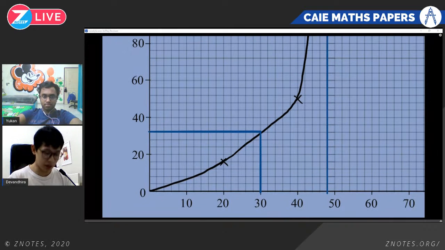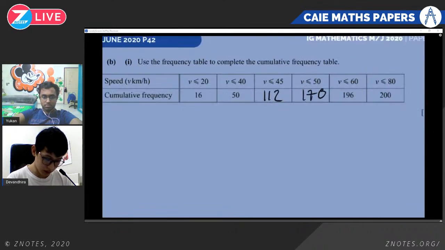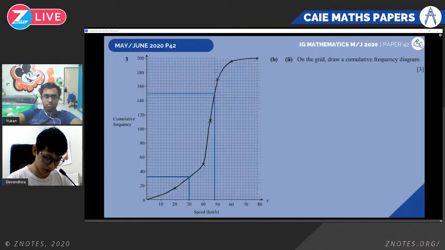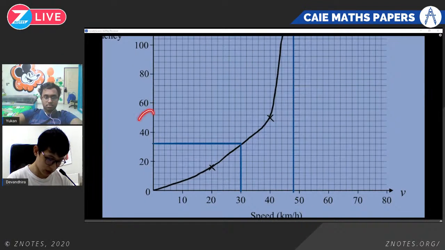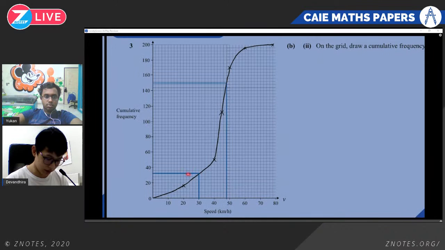Then we have to do the same thing for the next one. Say this one. So it says that the speed is 40 and the frequency is 50. So we have 40, and right here this is 50. It's just in the middle of 60 and 40. Agree then? Right. So we just have to do everything for that. For the first, second, third, fourth, fifth, and sixth, and the last one basically.